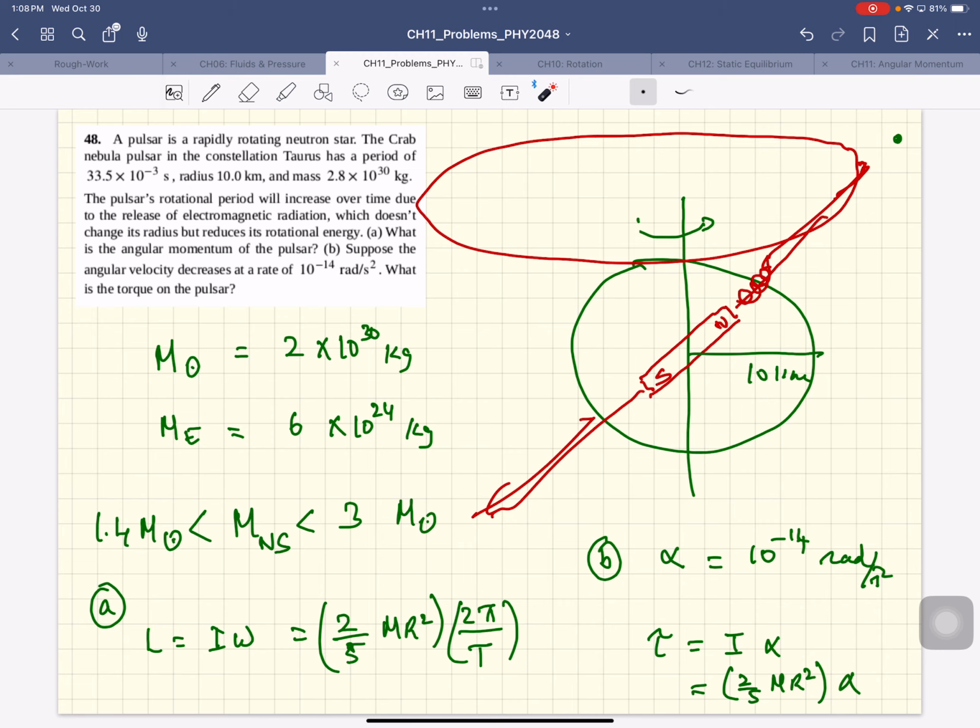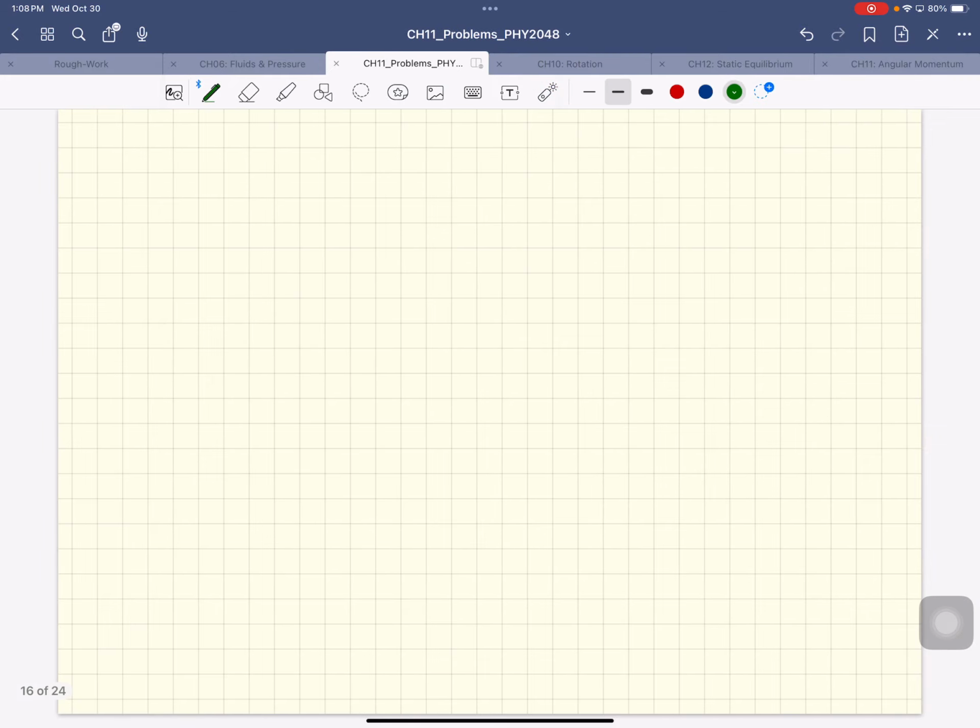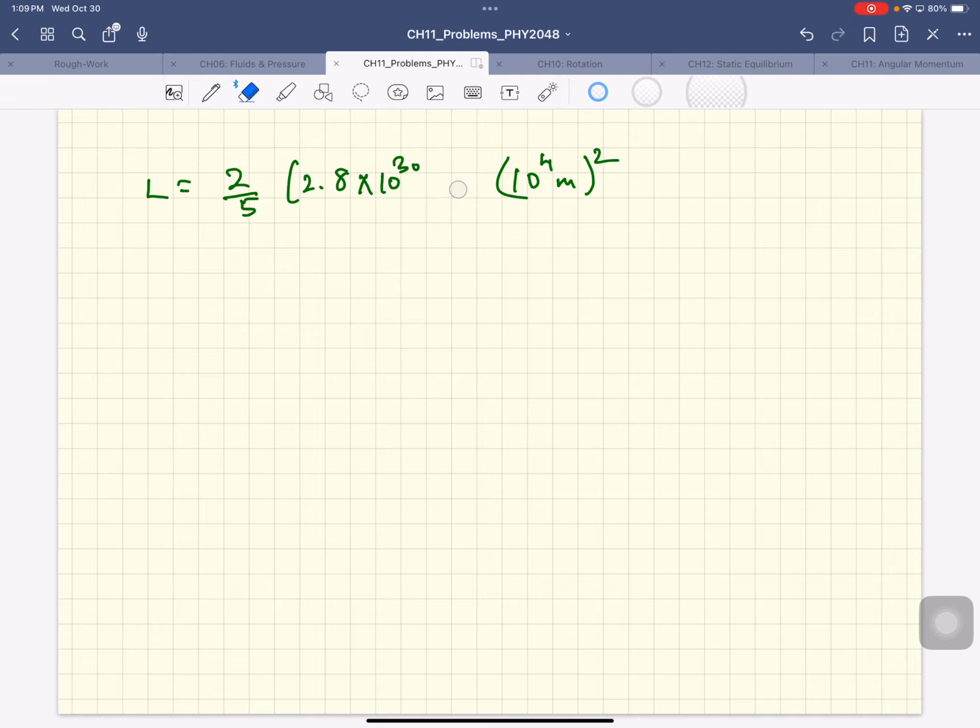So I'll calculate this here. Let's calculate the angular momentum. Mass is 2.8 times 10 to the 30 kgs. R is 10 kilometers, and you want it in meters, 10 to the 4 meters, R square. So there's the moment of inertia.